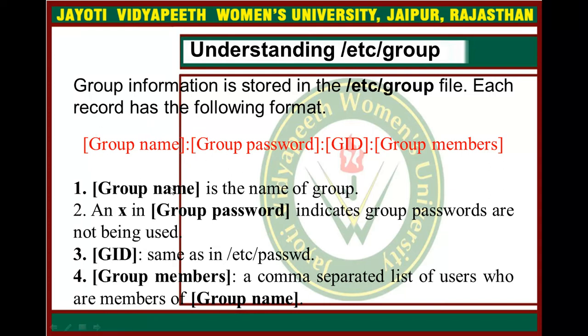Okay, so x is the group password, and indicates the group password is not being used. Okay, so gid is the same as in /etc/passwd, and group members is a comma separated list of users who are members of group name.